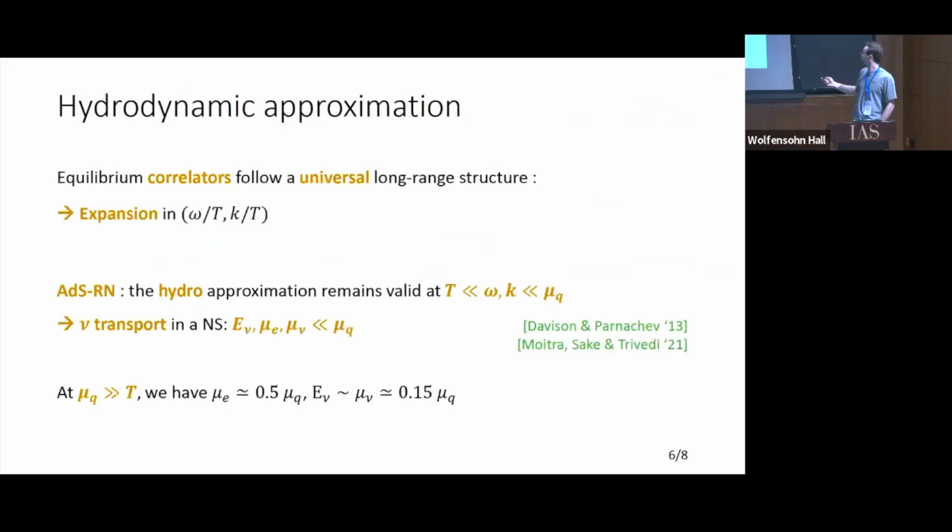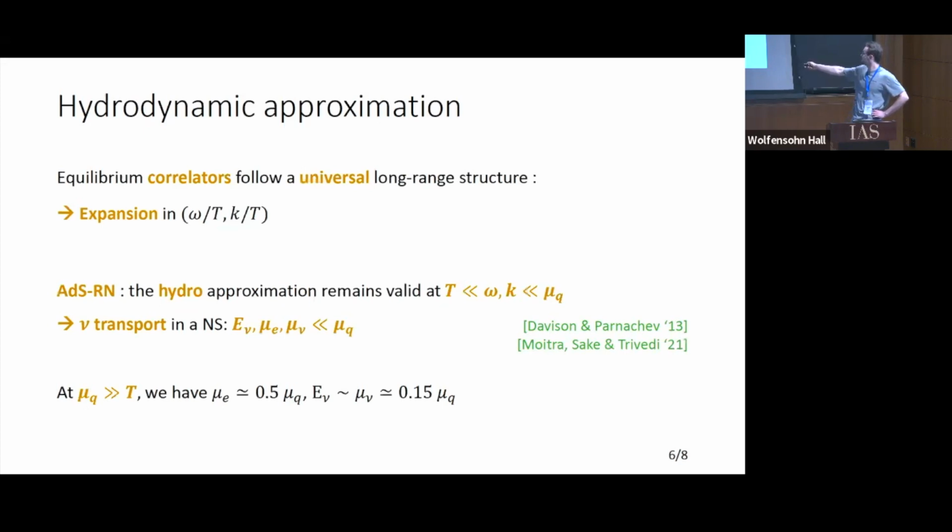But before going there, I will give a very short reminder of the hydrodynamic approximation because it will be useful to understand the numerical results. Hydrodynamics tells us that equilibrium correlators follow a universal long-range structure, which is given by an expansion in the energy and momentum in units of the temperature, which is a microscopic scale of the theory.